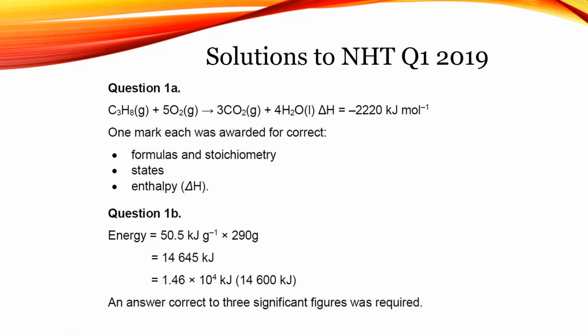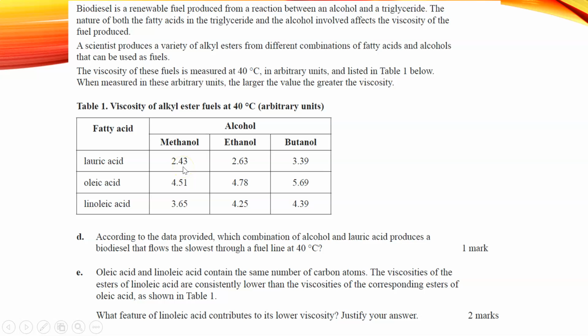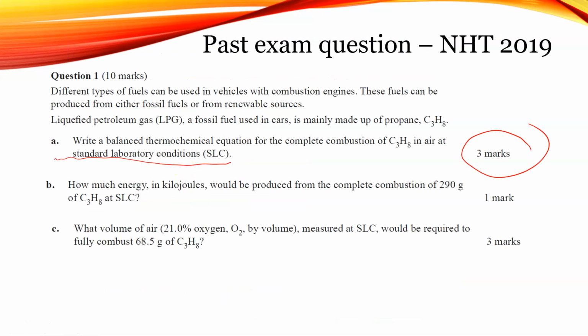Bingo. So states, as in the water being a liquid, the enthalpy from the data book, and the correct formulas and the correct stoichiometry. So be very wary of a balanced equation that's got so many marks. There's no way that just a balanced equation without a delta H and without state symbols is ever going to get anything more than 1 mark.